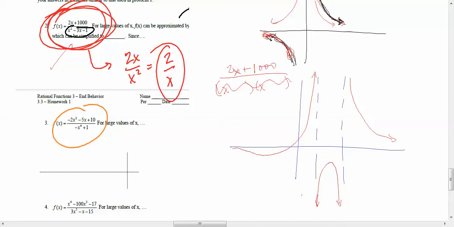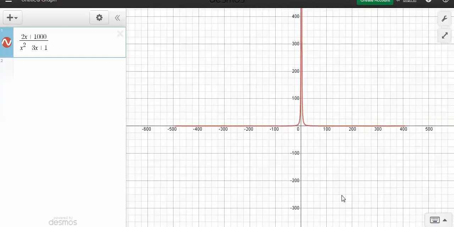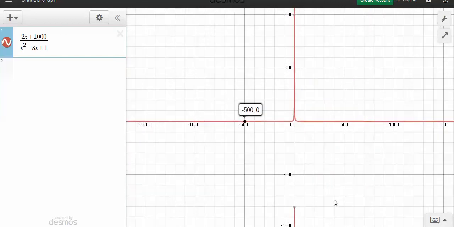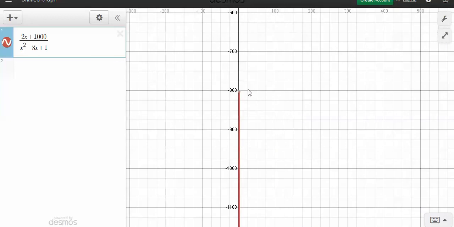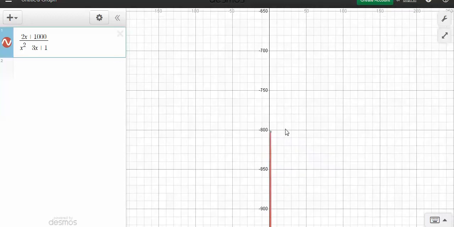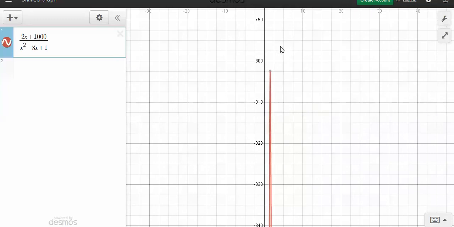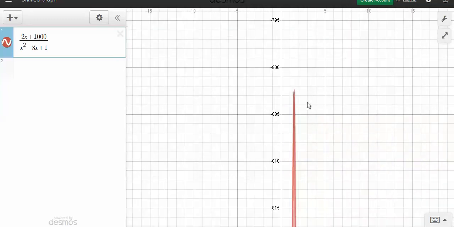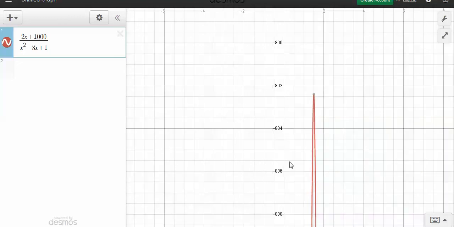And you don't see that effect on Desmos because maybe you haven't zoomed out enough. If I zoom out enough, there you go. Clear as day, you can actually see this bump. It just happens so far down at negative 805 or something like that, that you don't actually see what's going on over there.